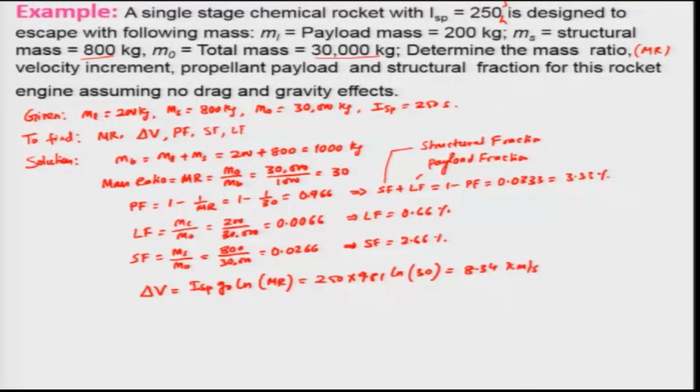You see that it is a very small velocity, you cannot even escape with this velocity, keeping in mind the mass ratio is quite high and the payload it is carrying is very small. That means it is a very gigantic engine, having a mass of 30,000 kg, and it is only taking a payload of 200 kg.